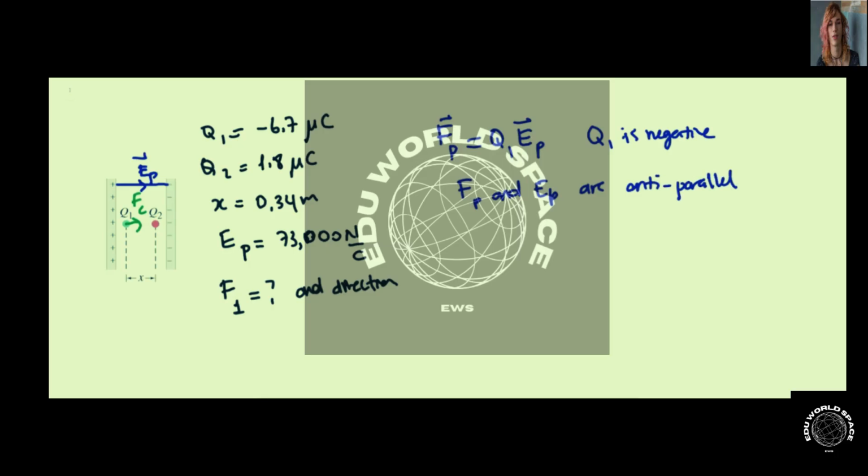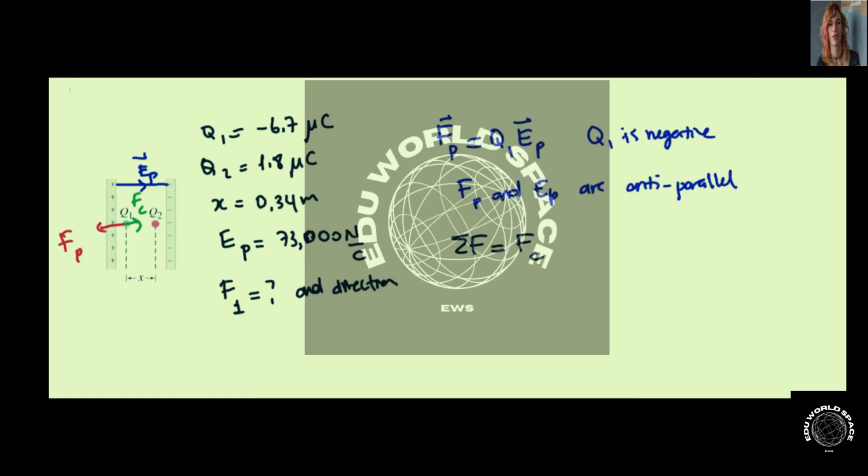Which means E sub P, we know for a fact, is to the right, so F sub P has to be to the left, because they're anti-parallel since Q1 is negative, right? So this is F sub P.